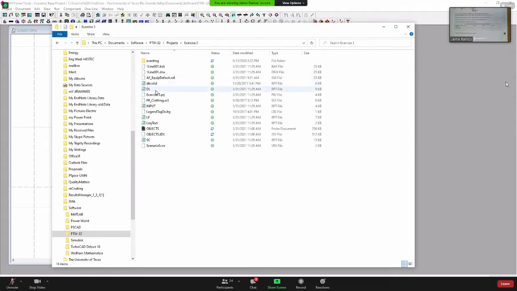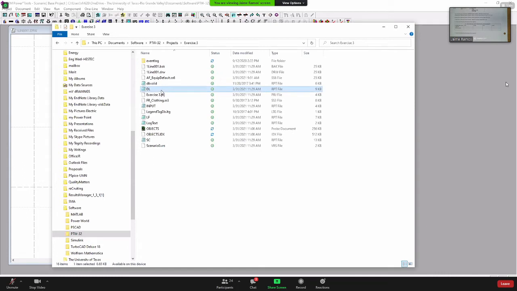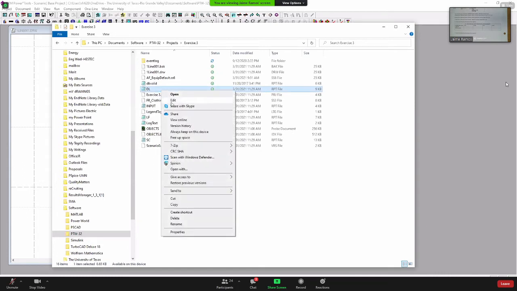And then here is the DL RPT report file. So I right click on it. And then I'd say open with, what is it? I need to first select, right click on it. Open with here.